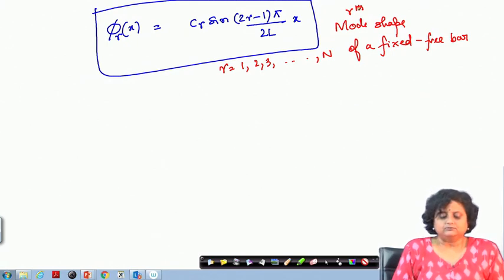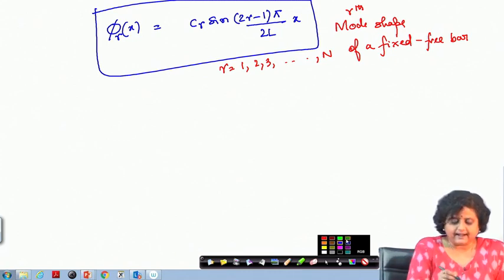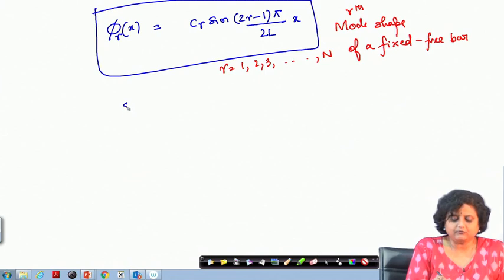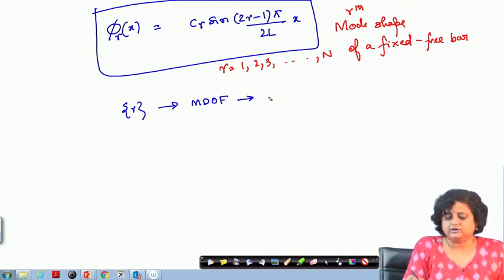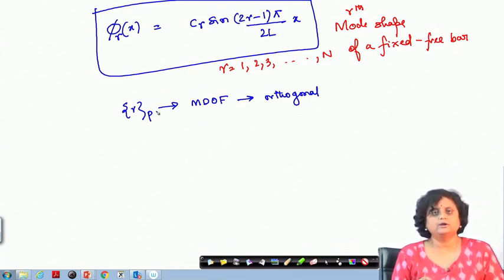Now, we have seen for a multi-degree of freedom system that the mode shapes, in the form of R, were orthogonal to each other. We have seen R_p, R_q were orthogonal to each other.